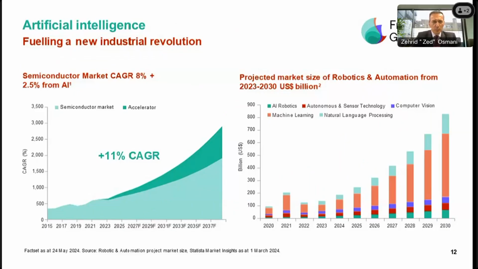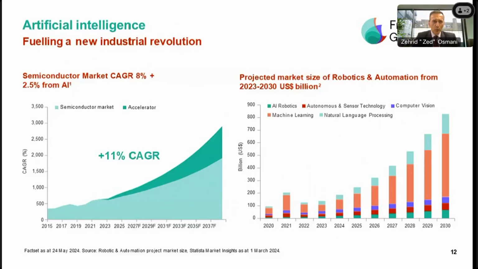So we're therefore predicting a semiconductor super cycle that has been turbocharged by AI, and that's what we're highlighting on the left-hand side. We used to have a prediction of 8% annualized growth to the semiconductor market over a 15-year period on an annualized basis. That's what we call the super cycle.